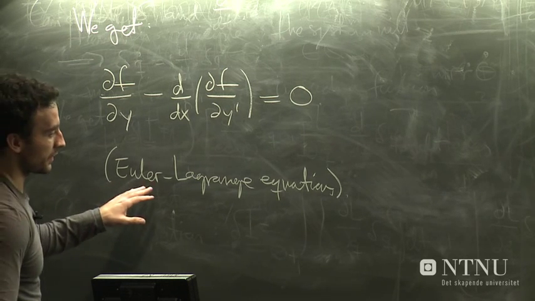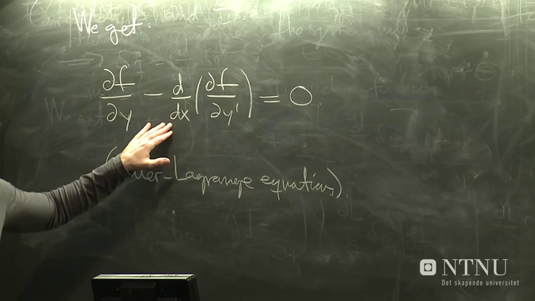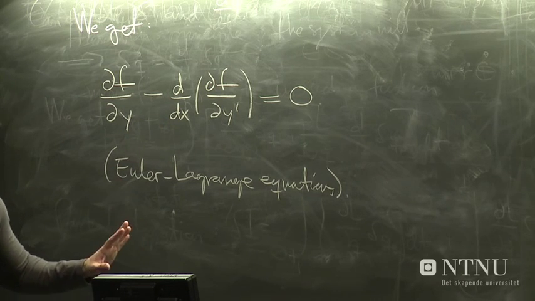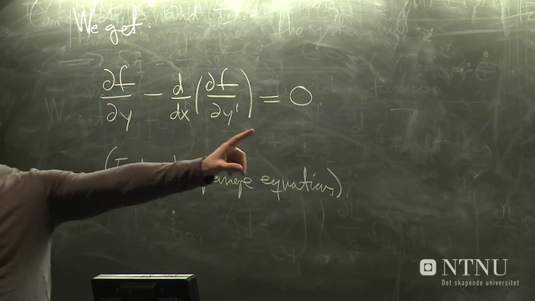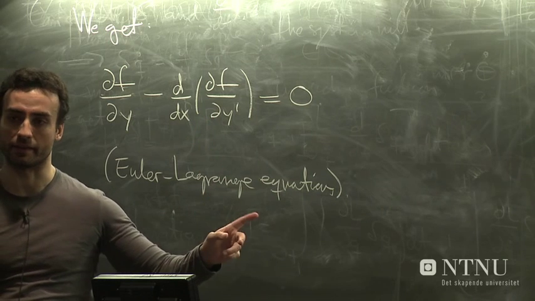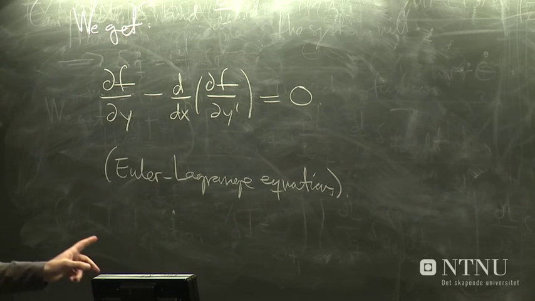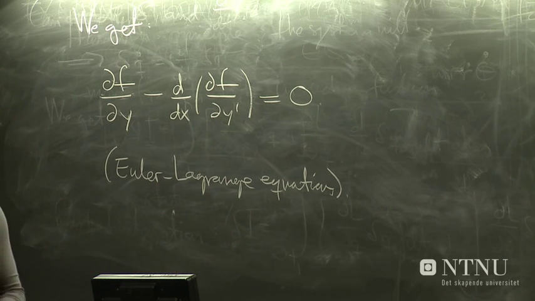So the point here is that this equation is the condition for making that integral over there have an extremal value, in the same way as Lagrange's equations give the condition which provides a stationary value for the action.